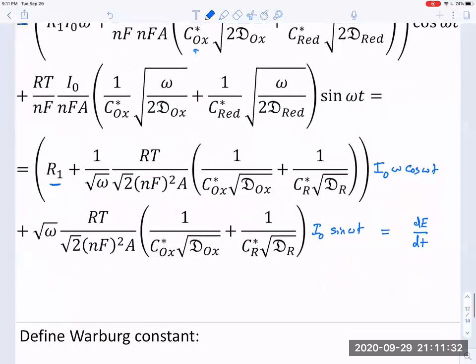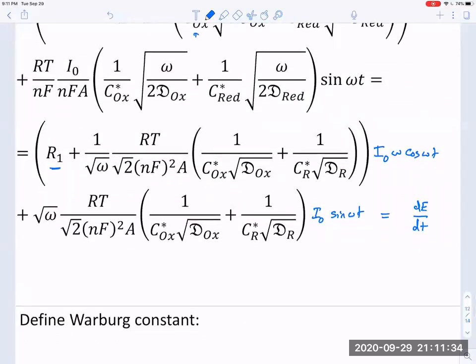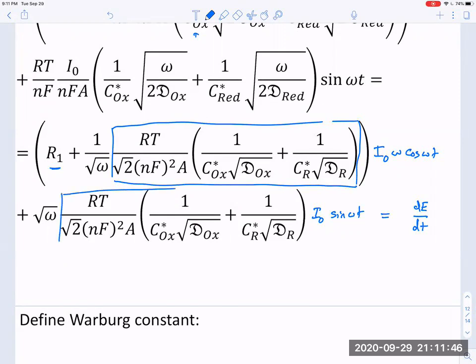Okay, so rearranging, we see that in both of these equations we have this little portion here. And then we have the same value that spits out here.